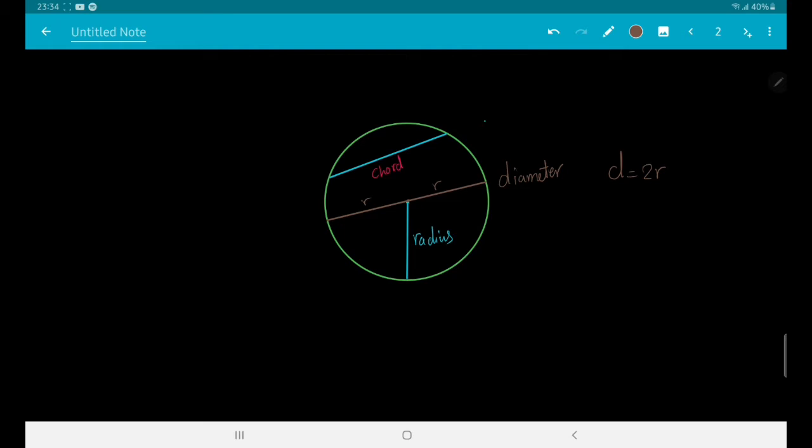Next, this is a chord, radius, and this is a diameter. We now know 3 of them. This one here is called a segment.